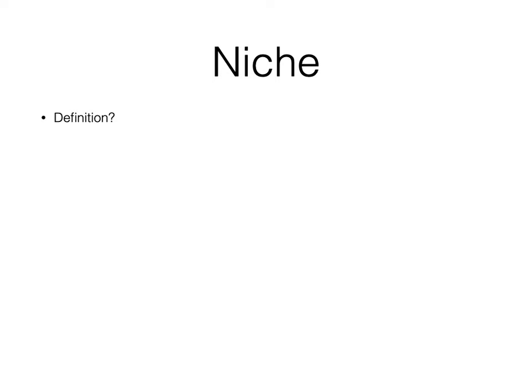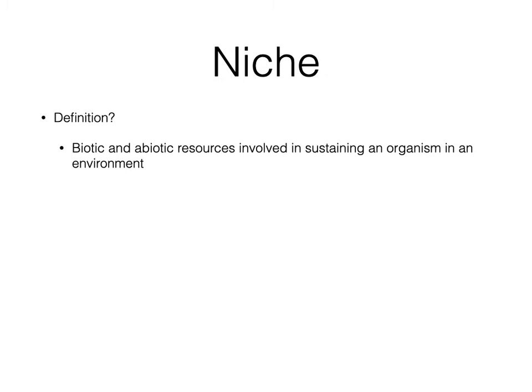Many of you would say, or at least in past classes have said, that niche is where an organism lives and the resources that it uses. And that is a large portion of the definition of niche: the biotic and abiotic, the living and non-living resources involved in sustaining an organism in an environment.